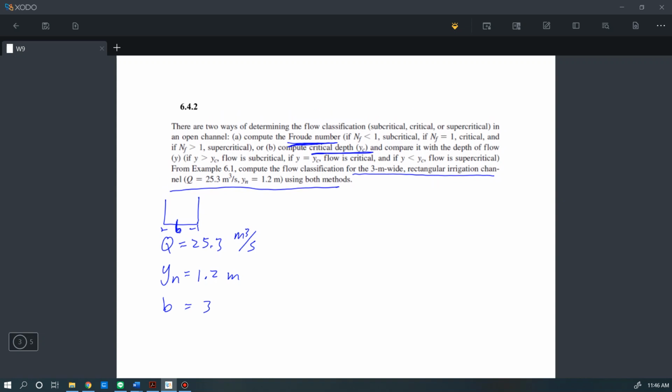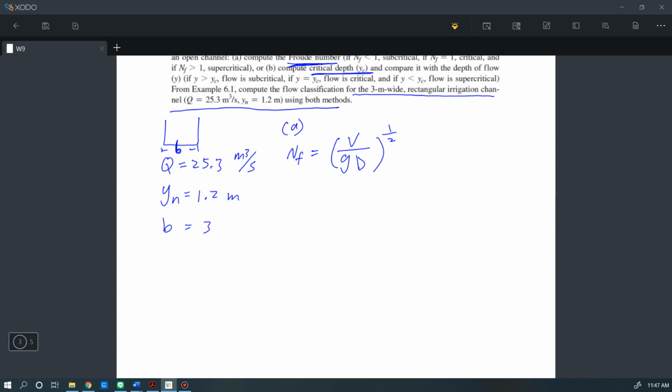Okay, so let's first apply method A, which is the flow number. And the equation for the flow number is the velocity divided by g and the depth, to the power of 1 over 2.